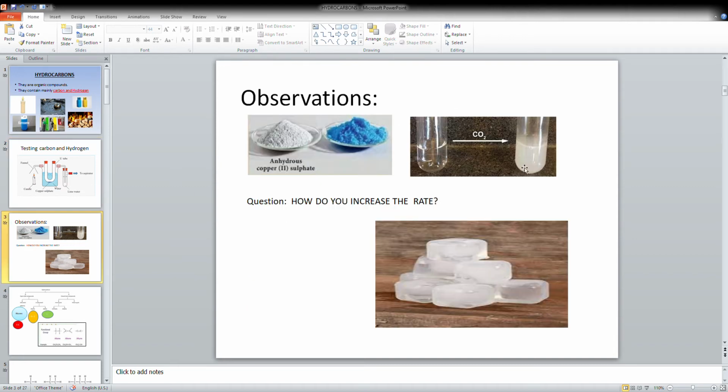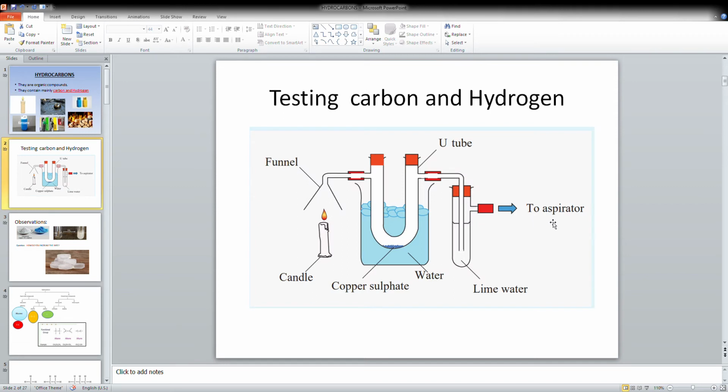Likewise, here you can see the milky color. The aspirator removes the other air and makes the process efficient. That's a simple experiment to recognize that carbon and hydrogen are the elements in any hydrocarbon.